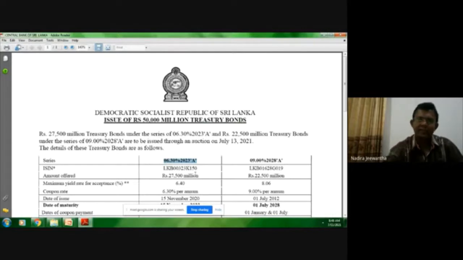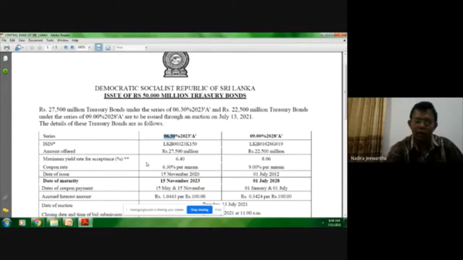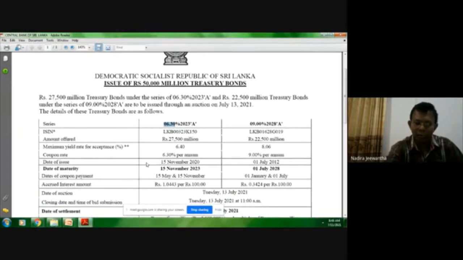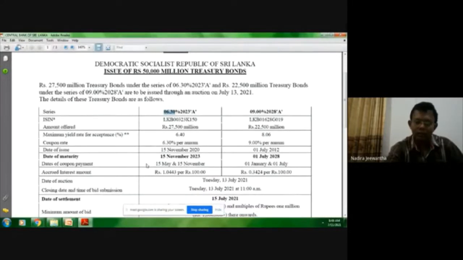What is this? This is the series, as the central bank says. 6.3 is what? The coupon interest rate. 2023 is what? Maturity comes in 2023. Today it is 2021. So what's the tenor of this? 2 years. A 2-year treasury bond.